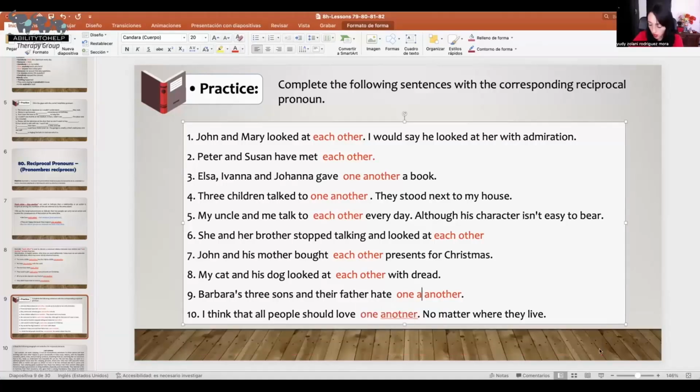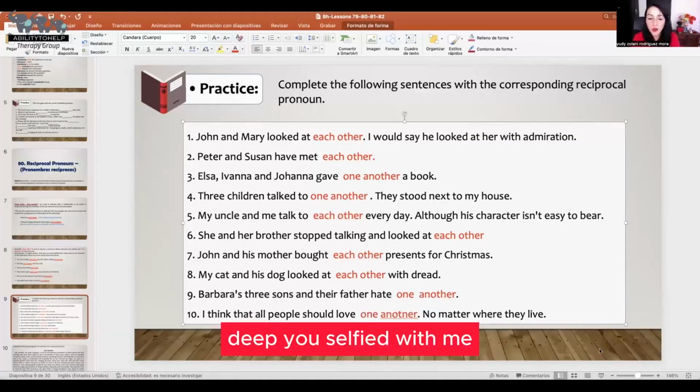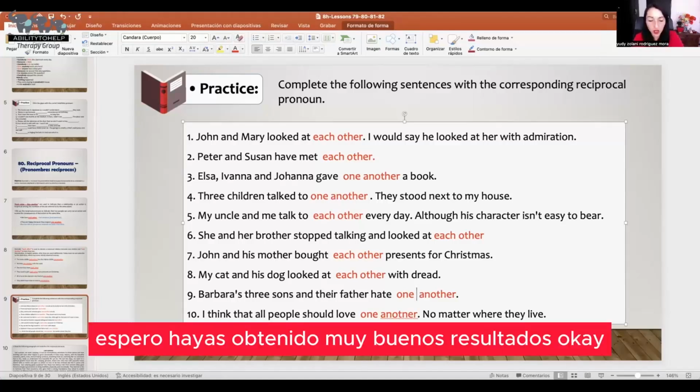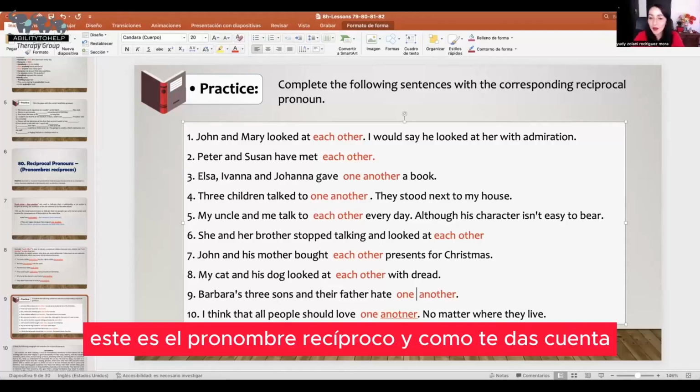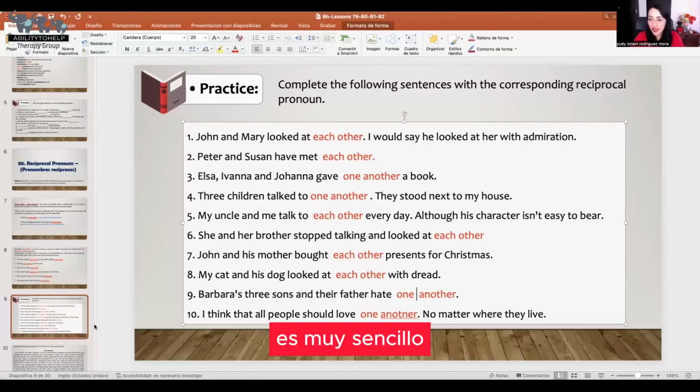Okay. Did you solve it with me? ¿Desarrollaste esto conmigo? Espero hayas obtenido muy buenos resultados. Este es el pronombre recíproco y como te das cuenta es muy sencillo.